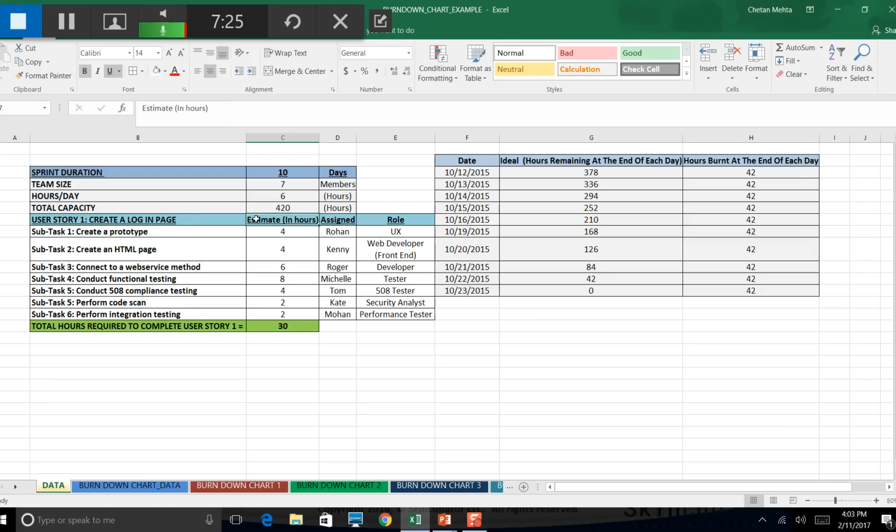These are estimated hours. That means how much time it will take for each of the team members to do in hours, who has been assigned that subtask, and what's the role of that person. So one user story, create a login page, has been broken down into different subtasks.